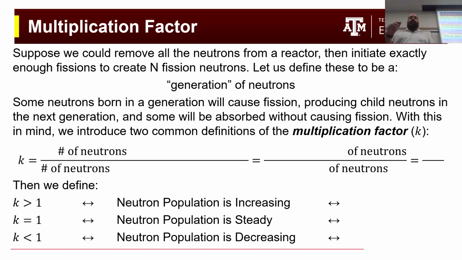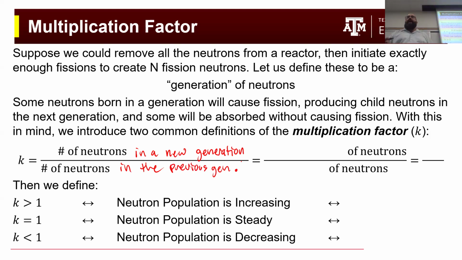And so that leads us to the two most common definitions of the multiplication factor, k, which is the number of neutrons in a new generation divided by the number of neutrons in the previous generation. That's one way to think about it.